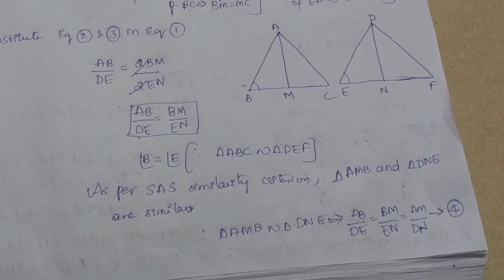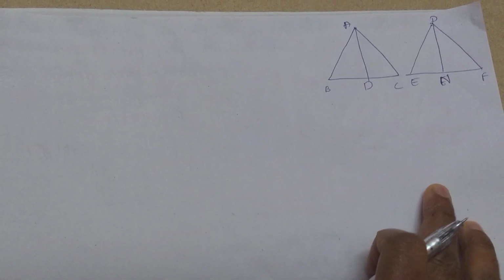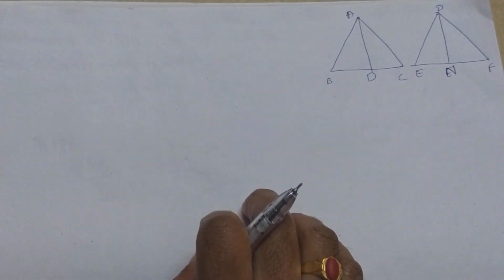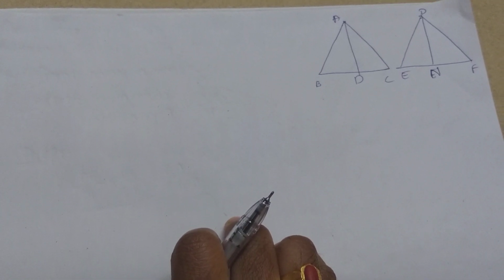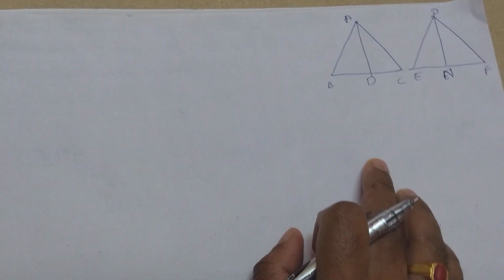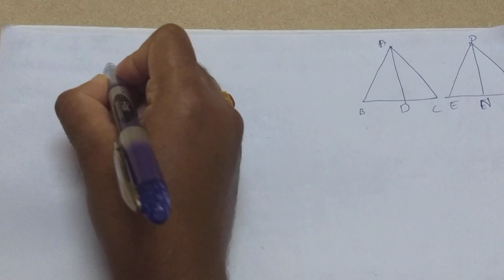Now let's continue. We know that if two triangles are similar, then the ratio of their areas equals the ratio of squares of their corresponding sides. This is as per theorem 8.6. Now let's write the same thing here.